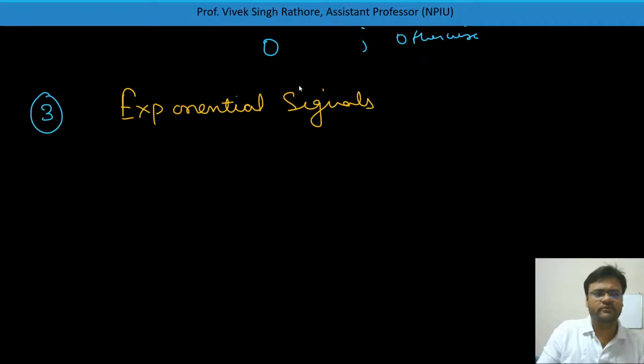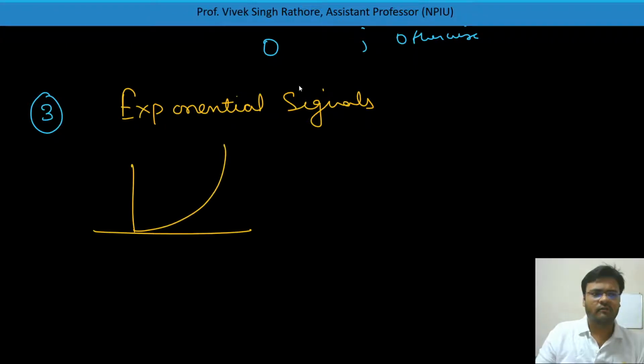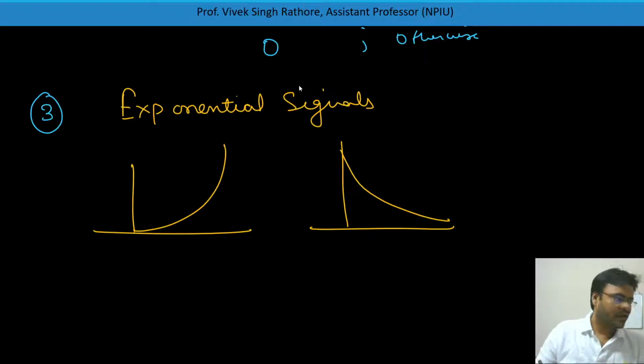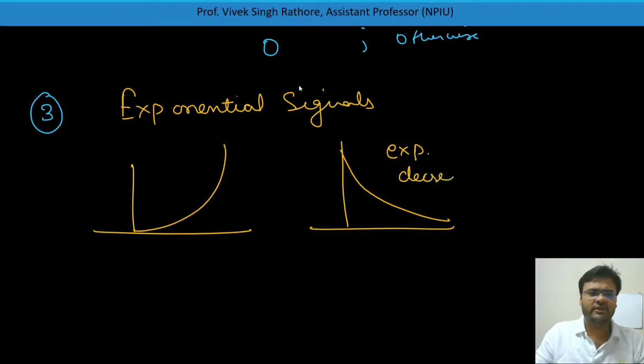If you see, there are two types of exponential signal. One type of signal will be like this, and one type of signal will be like this. These are all exponential signals, but one is rising and one is decaying. This is called an exponentially decreasing signal, and this is an exponentially increasing signal.